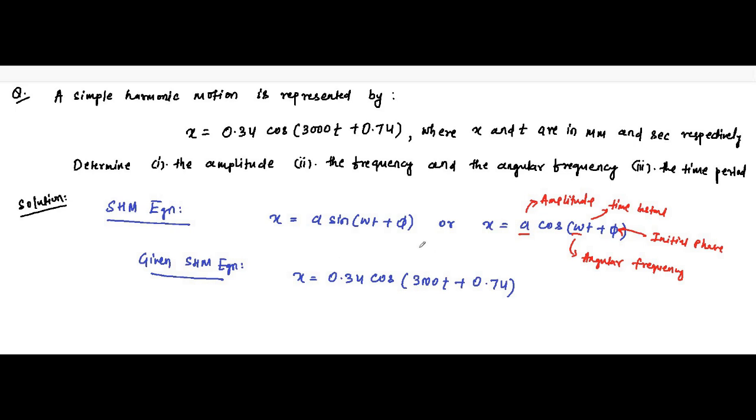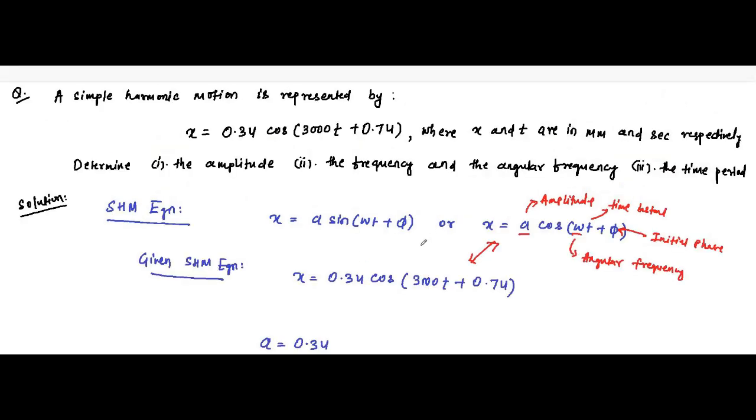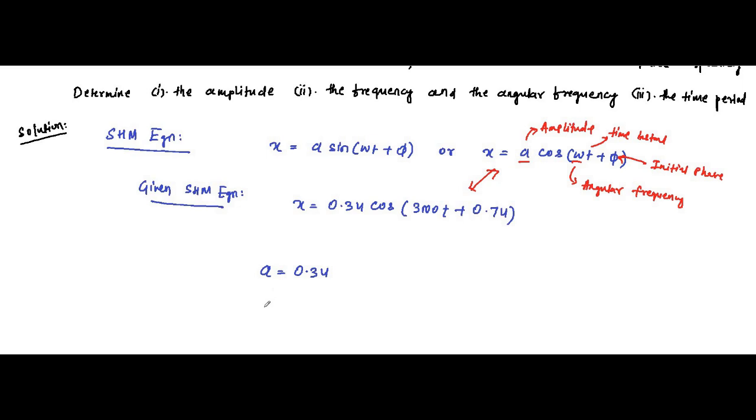So here if we compare these two equations, because it is given in cos, we'll be comparing these two equations. If we compare them, we will find A is equal to 0.34, which is the amplitude. It is in millimeters: 0.34 millimeters.